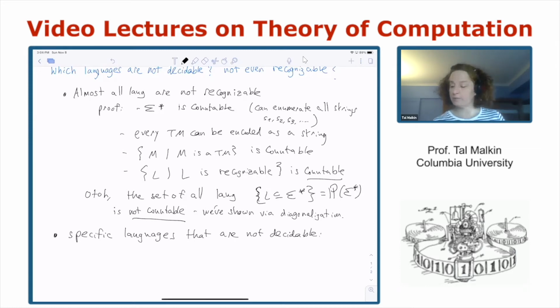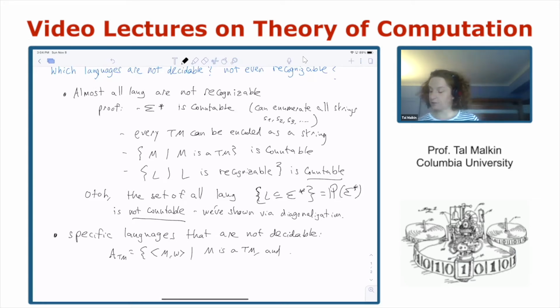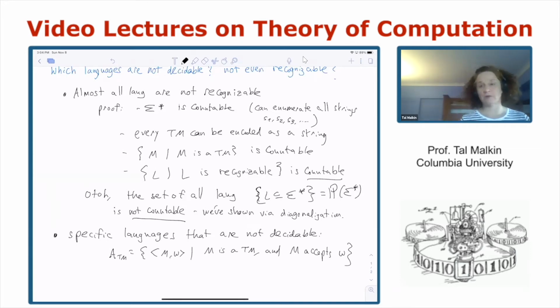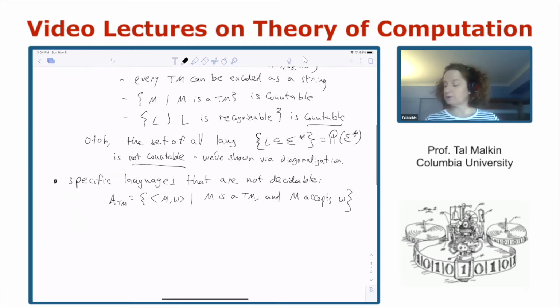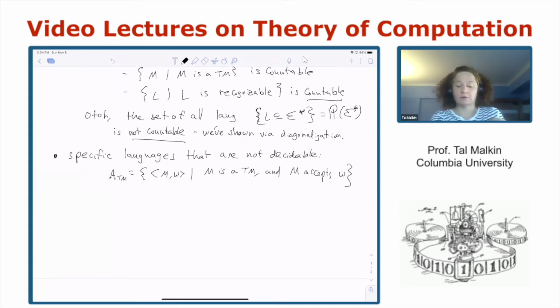One of them was ATM, which was defined as the set of all pairs ⟨M, w⟩, where M encodes a Turing machine and M accepts w. You've also shown it for the halting problem. So this language is not decidable.